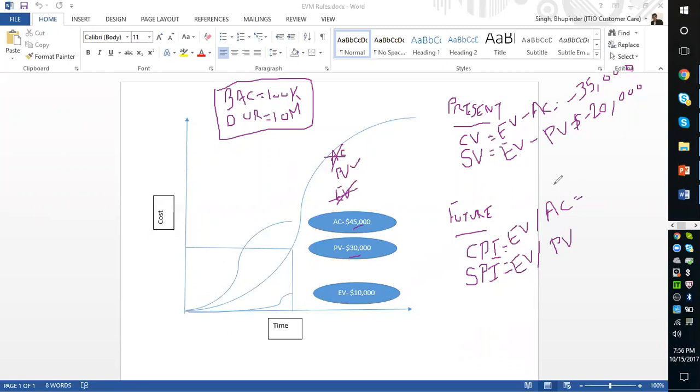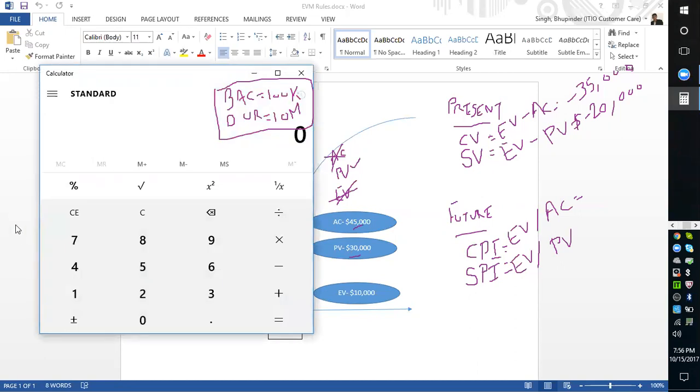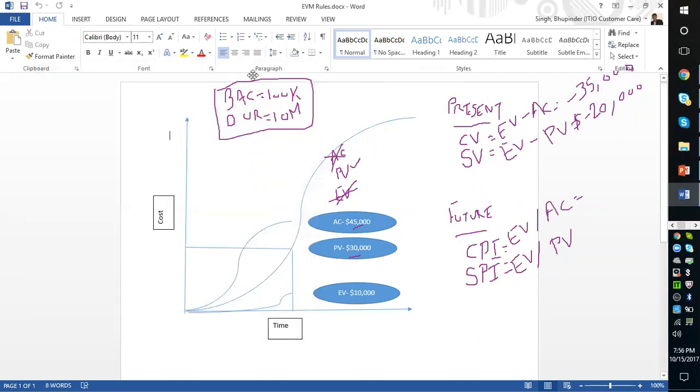For the future, earned value divided by actual cost will be 10,000 divided by $45,000. So that should be, let's calculate that, 1 second. So how much is it? Earned value, 10 divided by 45, 0.22. So this will be 0.22.